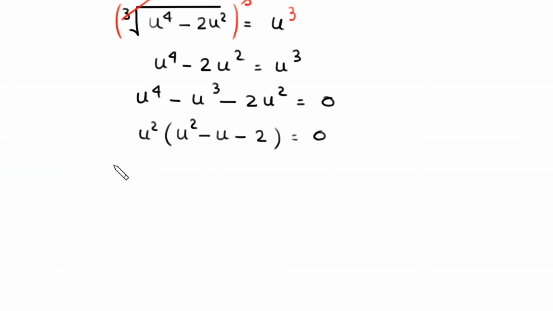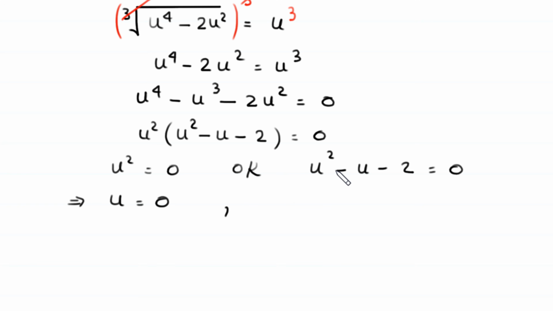From here, either this expression u squared equal to 0, or this expression u squared minus u minus 2 equal to 0. From this equation, if we take square root of both sides, this implies that u is equal to 0. And this quadratic equation we can solve by factorization. We write this u squared, break this negative u as two terms, negative 2u plus u minus this 2 equal to 0.